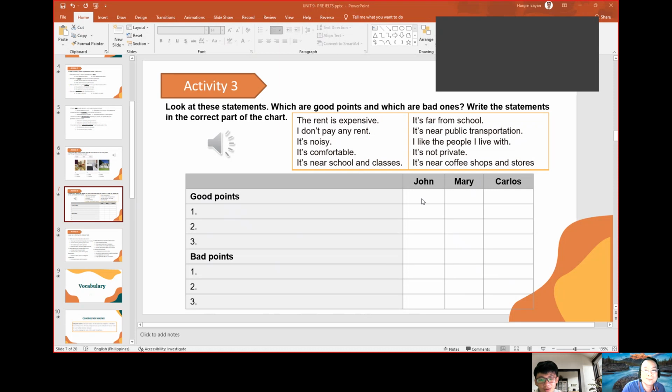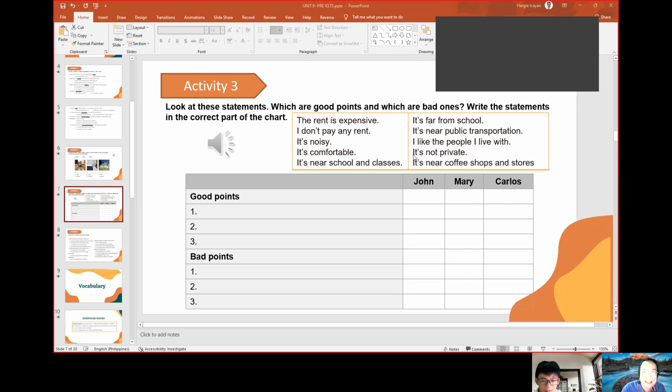There are two. What are those? First is far from school. Yes, that's the first one. And the second one is not private. Very good.